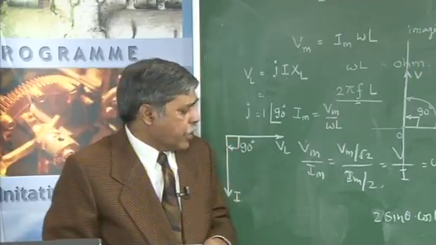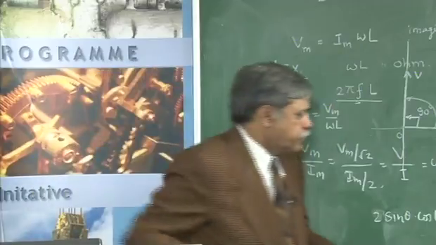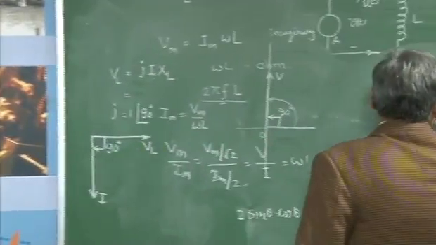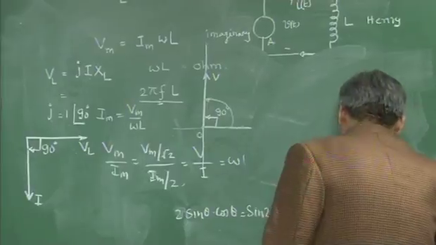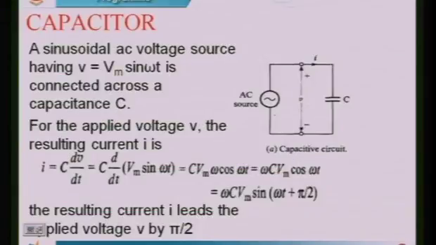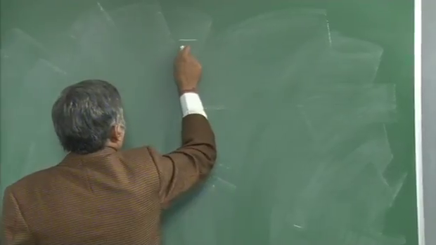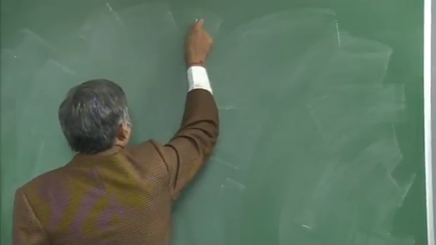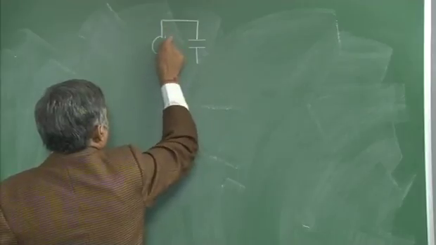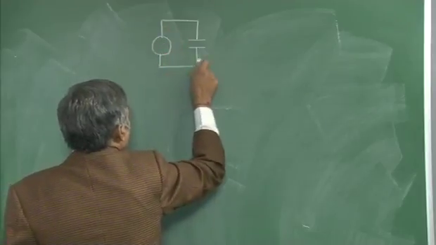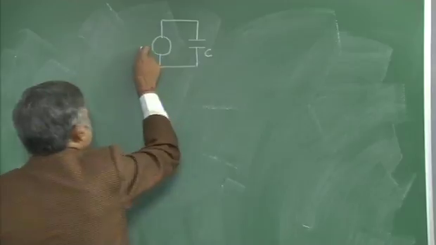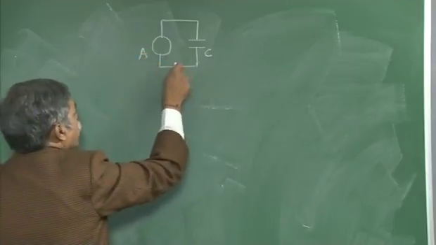Now I will consider a pure capacitor. C is the capacitance, and there is a voltage source.